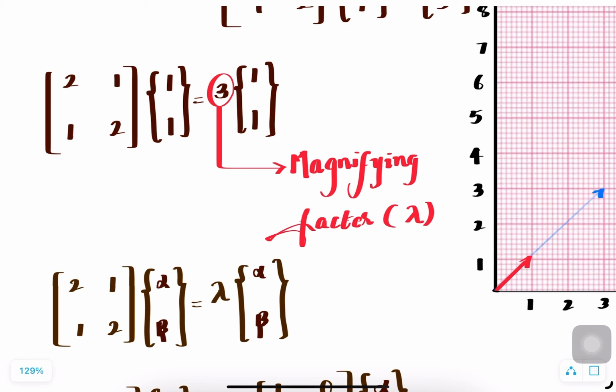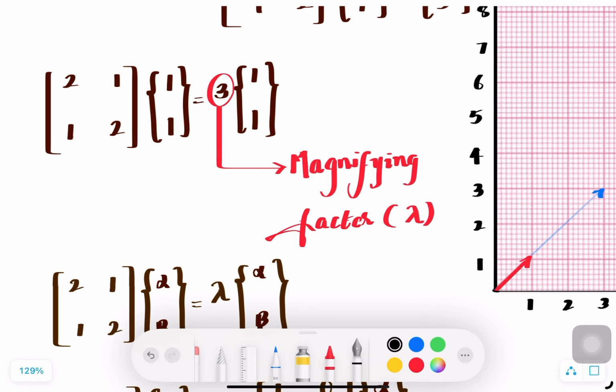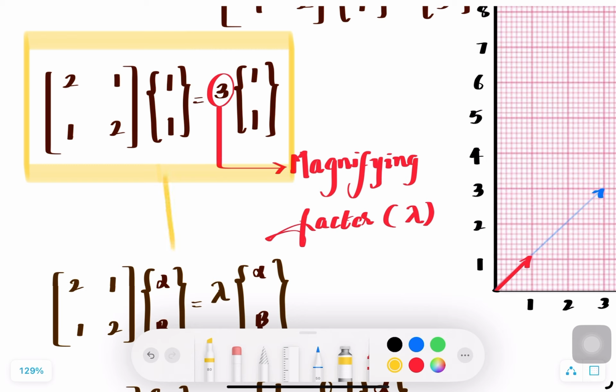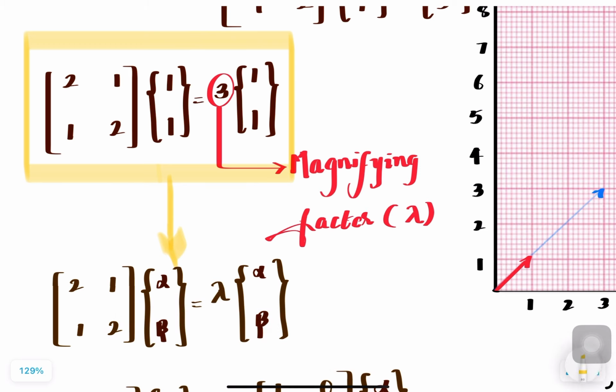So the above equation should become this equation that you see here, because the 1, 1 vector now is called alpha, beta, because we don't know, right? We don't know. And the magnification factor, we don't know.